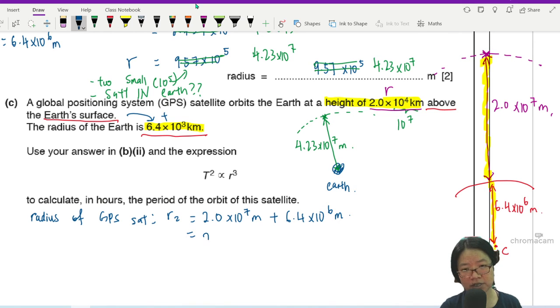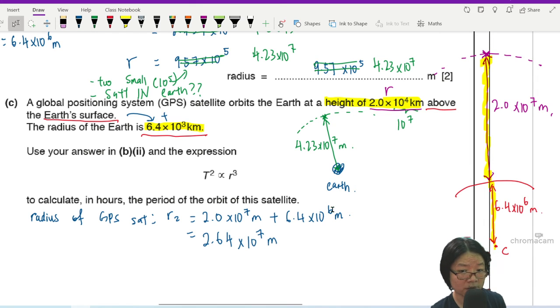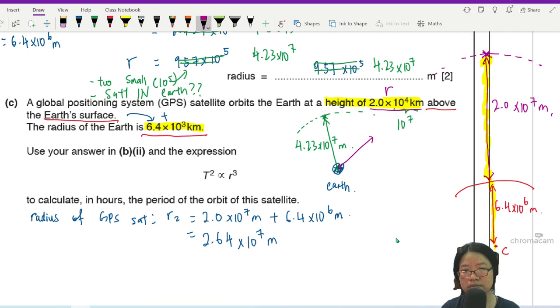What I'll get here is 2.64 times 10 to the power of 7 meter. Because if I change this to 10 to the power of 7, I move the decimal point and it becomes 0.64. So this second satellite is actually here, measured from the center.